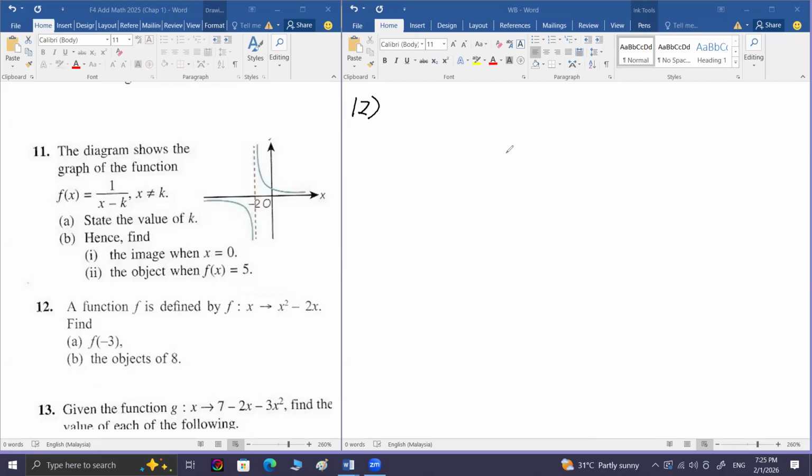A function f is defined by f(x) = x squared minus 2x. Okay, class, look at this. Remember, I said function notation: f maps x to x squared minus 2x.